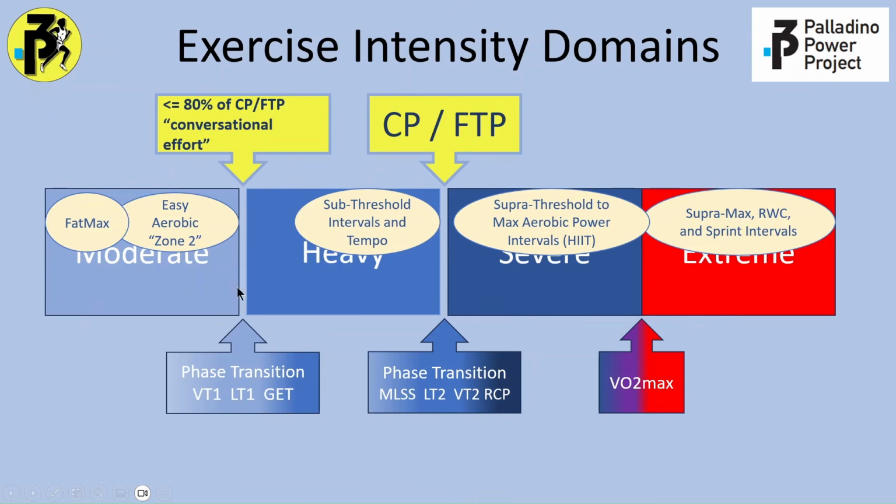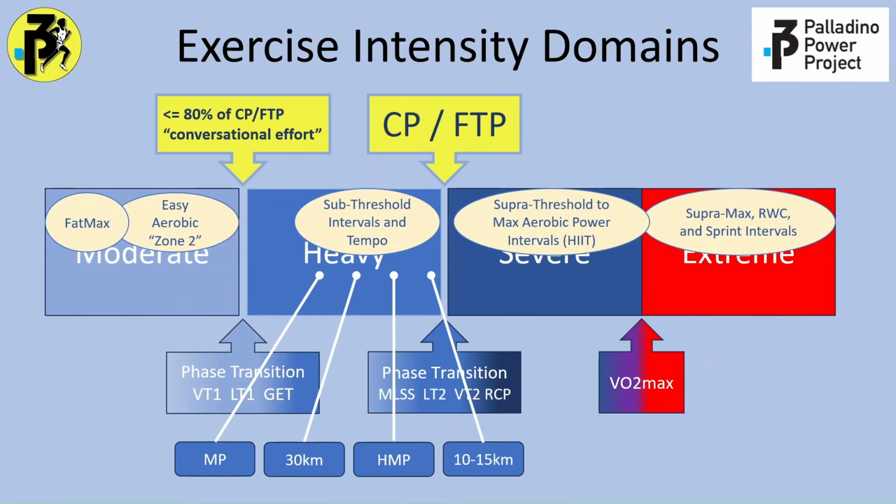So we start here and define these important phase transitions. Once we've done that, we have a ceiling here, and we have a means of separating out our higher intensity interval training. We can go even further. With power, we can become even more precise. As I alluded to with Fat Max and easy aerobic Zone 2, we can become even more precise, and we'll get into race effort domains.